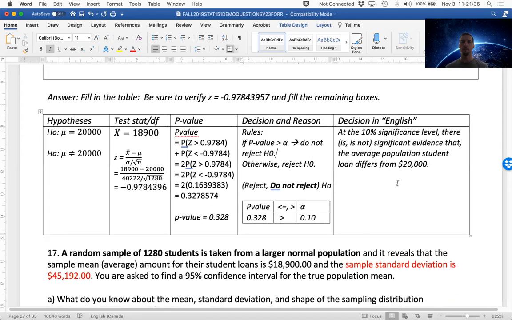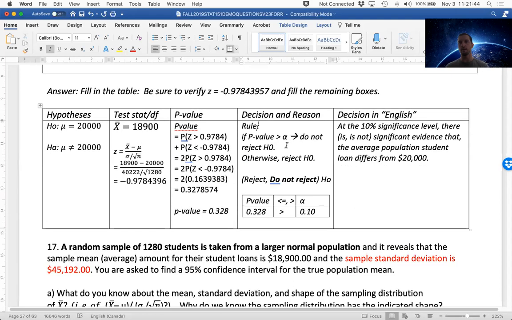So the rule for a p-value is always the same. If it is bigger than alpha, you do not reject. Otherwise, you reject. In this situation, we're not going to reject. That's why I have bold-faced do not reject, because our p-value, which is 0.328, is bigger than the significance level of 0.1.